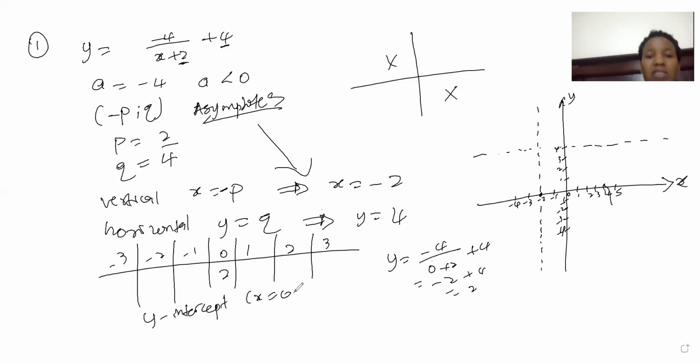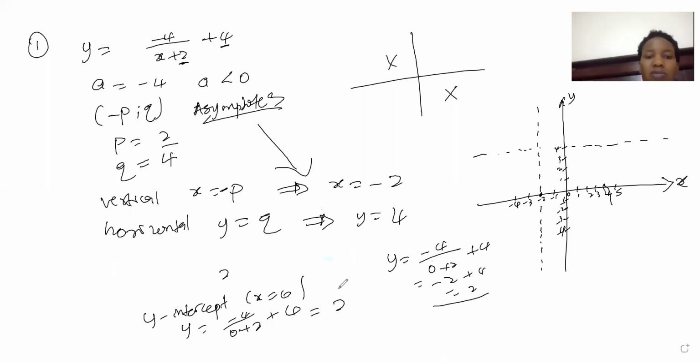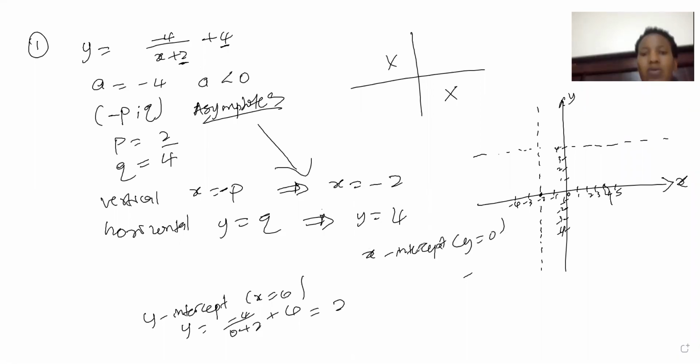So let's do the y-intercept. For the y-intercept, we let x be 0. Then y is negative 4 over 0 plus 2, plus 4, which gives us 2. Then let me just remove the table. For the x-intercept, we let y be 0. 0 equals negative 4 over x plus 2, plus 4.